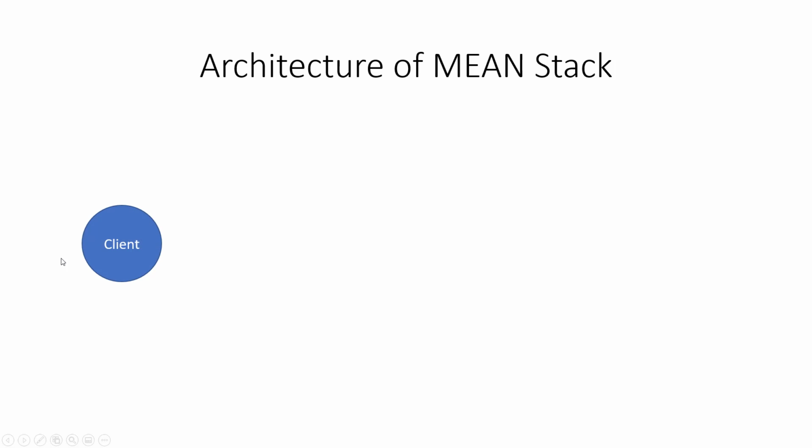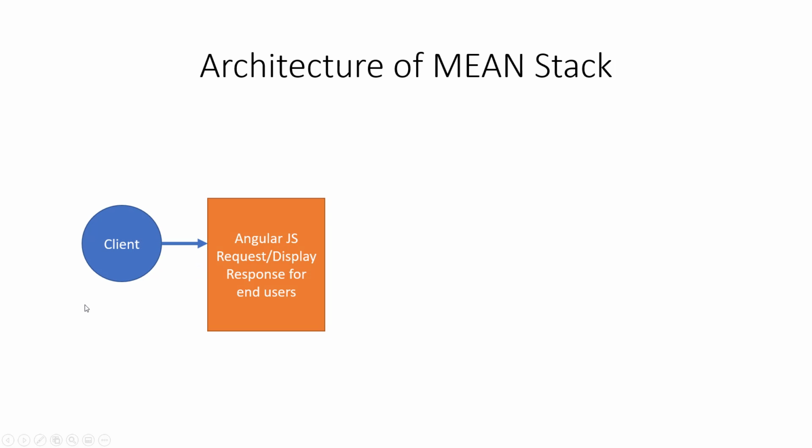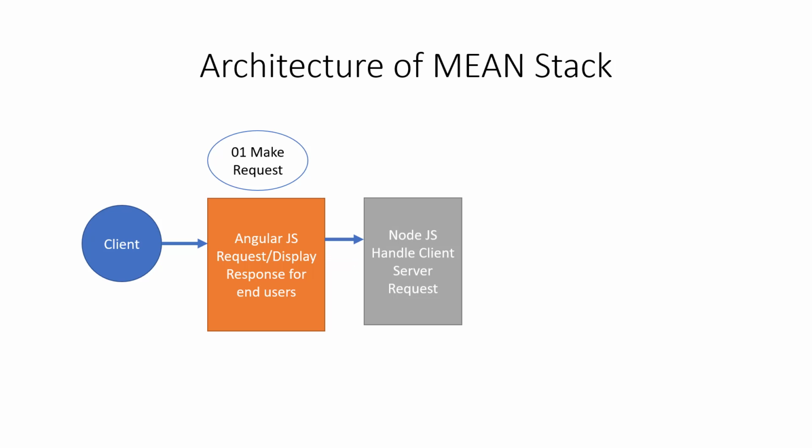So this is the client, which is Angular, the Angular JavaScript framework. Its job is to request and display the response for the end users. So it is making a request, and then it interacts with Node.js, which handles the client-server requests.